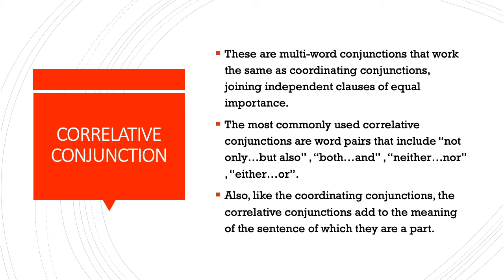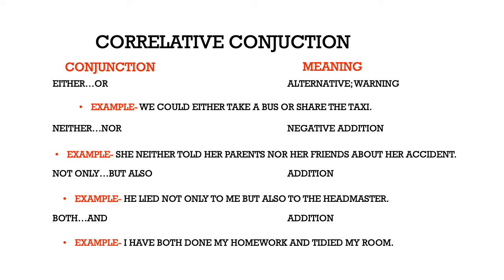Clear? Okay. Also, like the coordinating conjunctions, the correlative conjunctions add to the meaning of the sentence of which they are a part. So, let us see some examples along with the meanings.